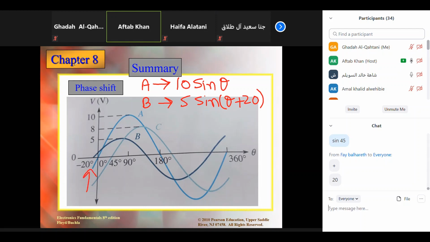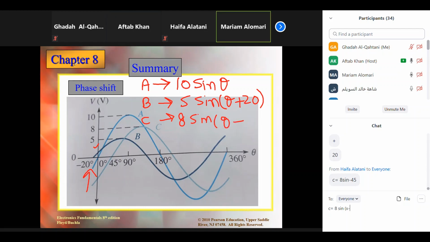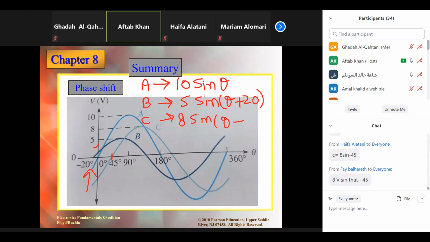Because it's advanced and it is touching the axis upper, it means it is a leading waveform, right? Similarly C: it is going to be 8 sine theta minus. You see where it is crossing, and it is mentioned already, minus 45, correct?